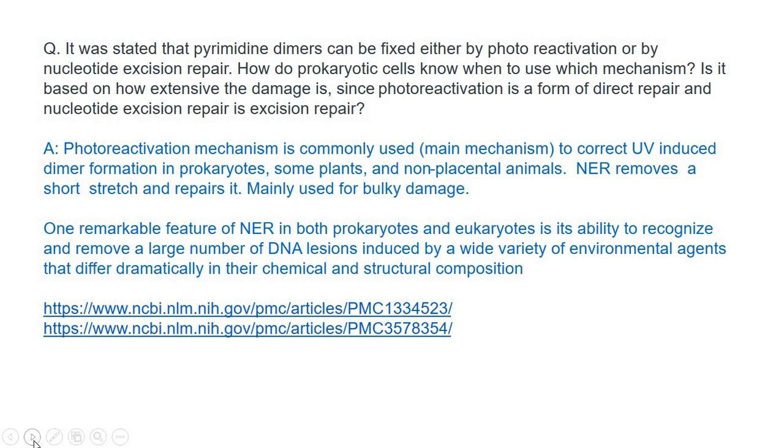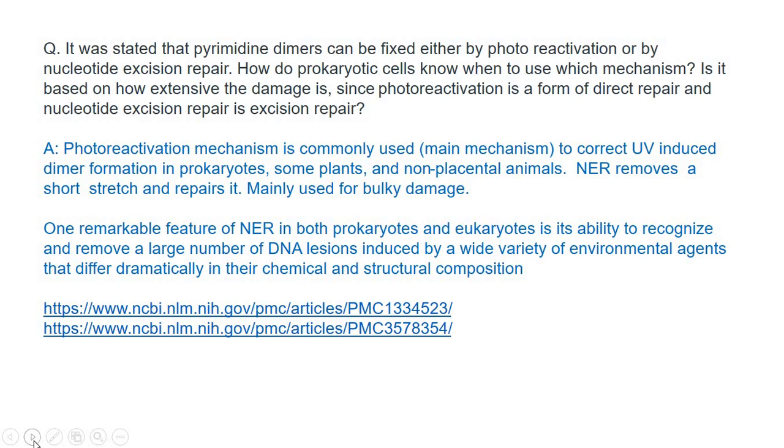These agents differ in chemical and structural composition, but they can break the DNA molecule. NER is called the bulky damage repair mechanism. So when there is a lot of mutation going on, NER is the mechanism of choice.